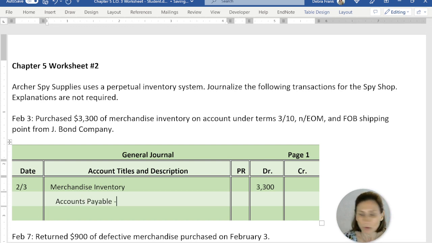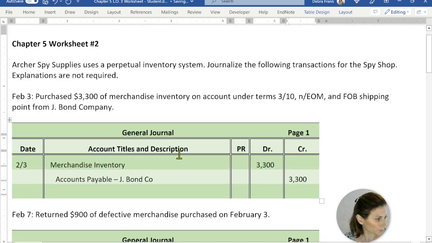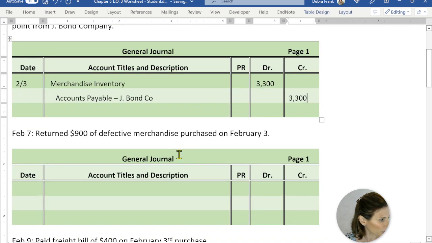And by now they probably want you to identify who the accounts payable is. Well, it's going to J Bond Company. There we go. All right, so that's it for that one.